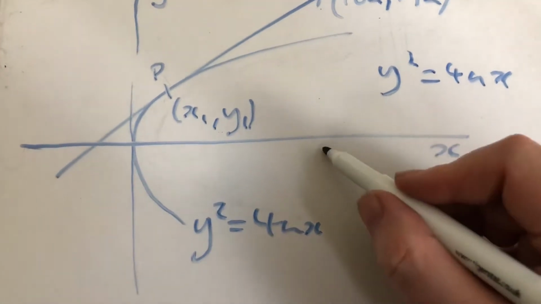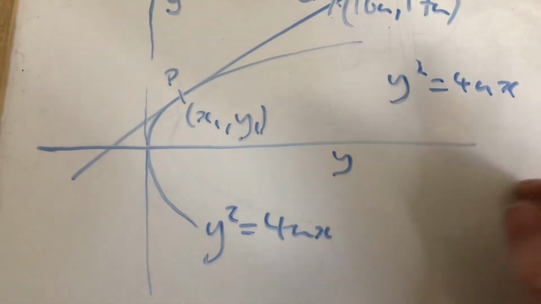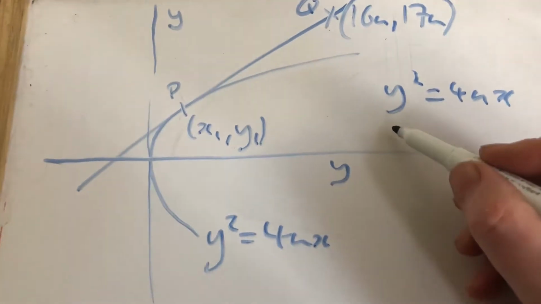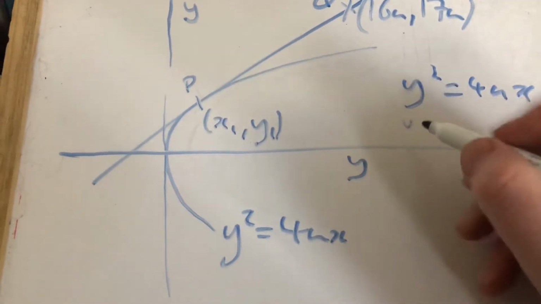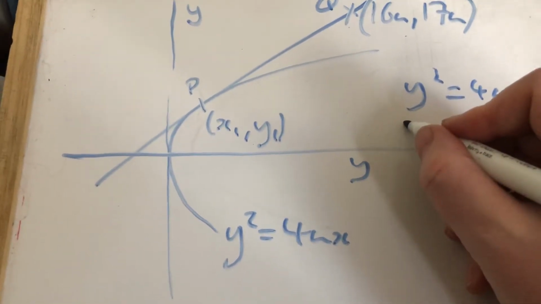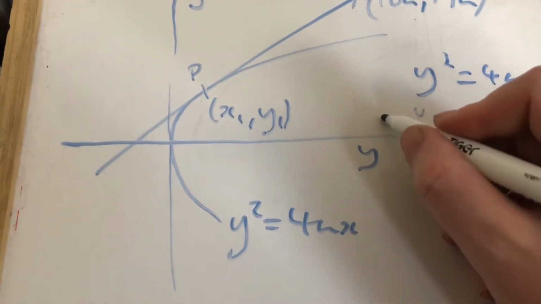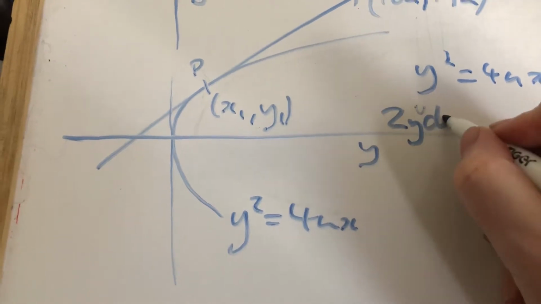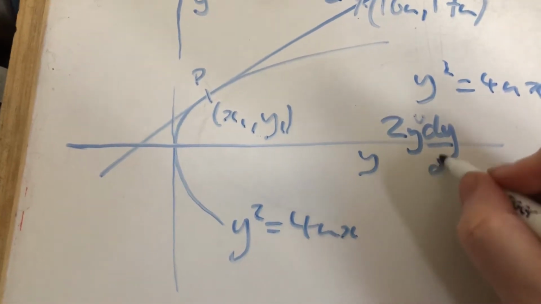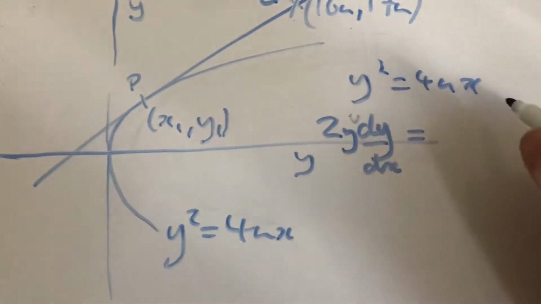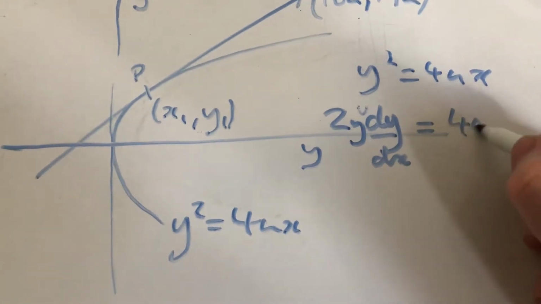Okay, at any point x1, y1, the gradient is given by implicitly differentiating the equation of the parabola. So that gives us 2y dy over dx is equal to 4a.